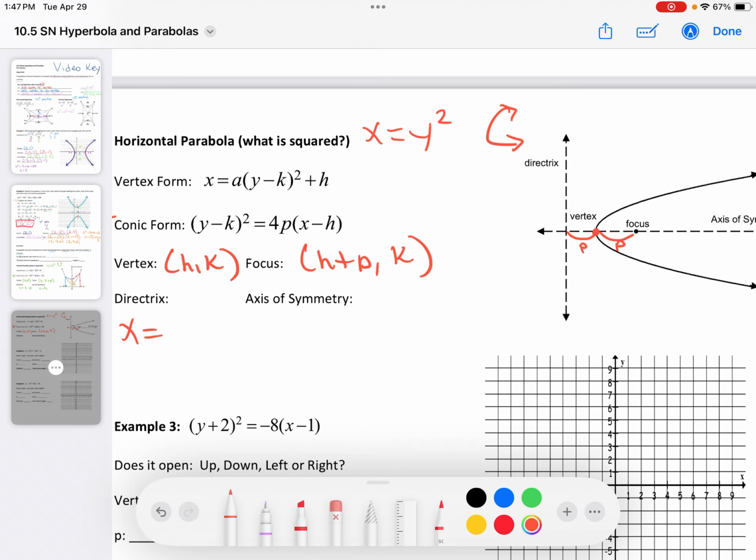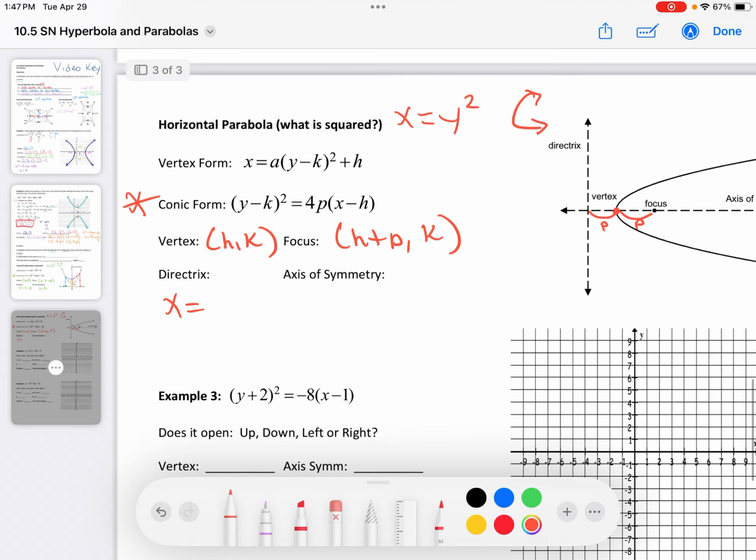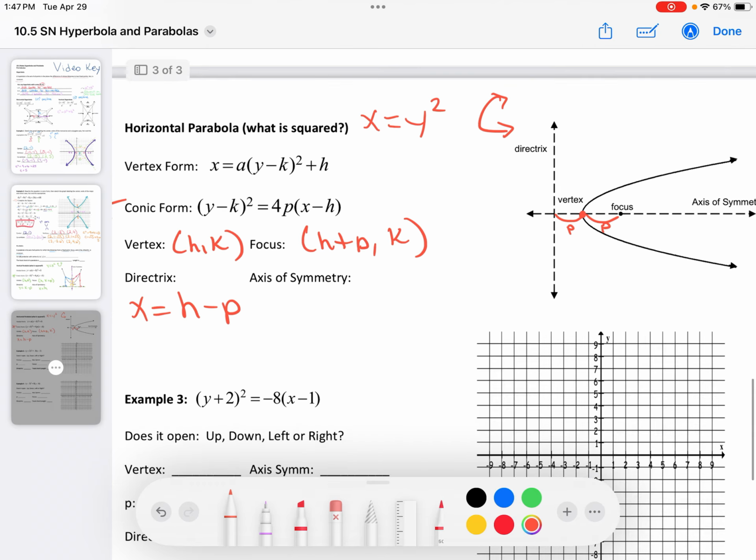The directrix is a vertical line. It's going to be x equals. That x is p units to the left of the vertex. So that vertex's x is h. h minus p is that directrix.